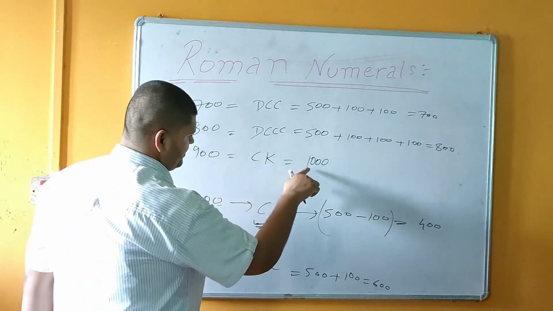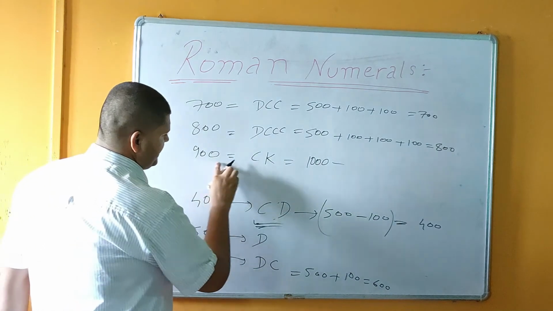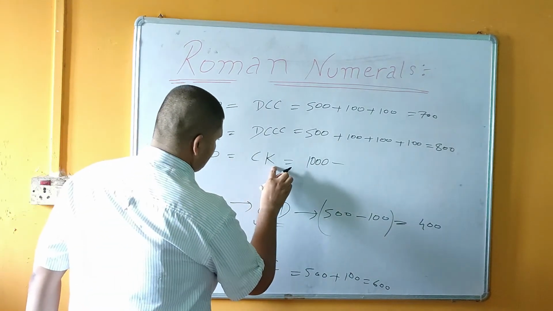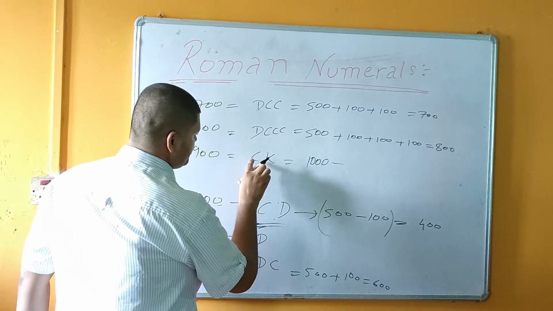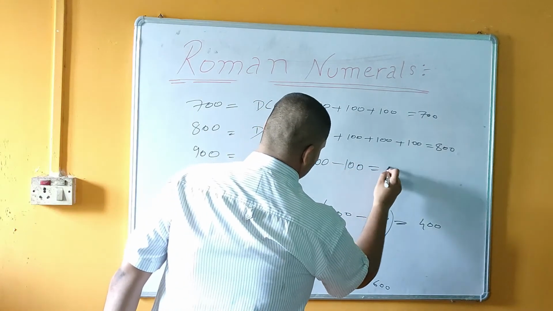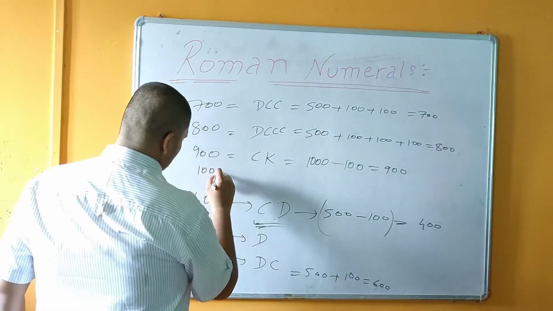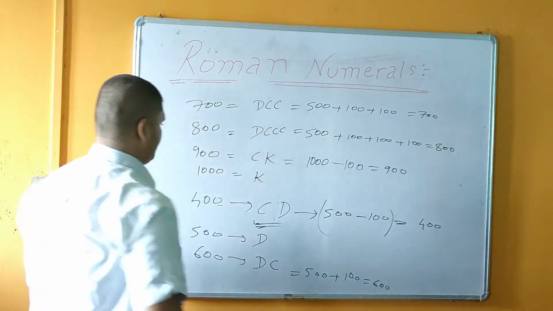According to the rule we are writing this. To make it 900, this is 1000 minus 100. Minus means you have to write on the left hand side. So minus 100, it will give 900. Okay. And for 1000 we have known already that it is K.